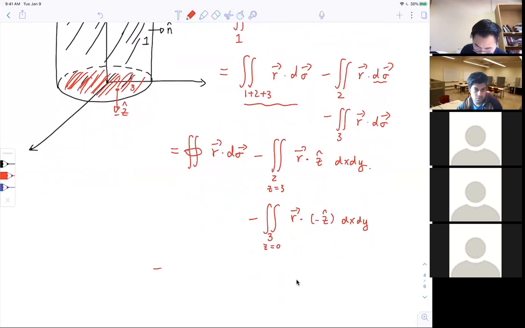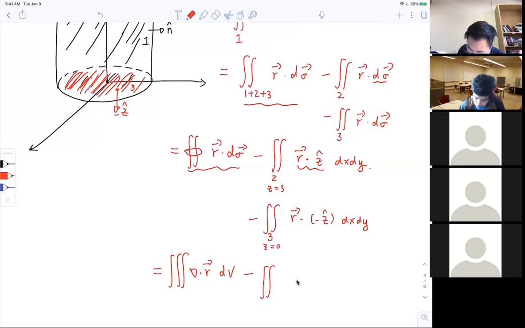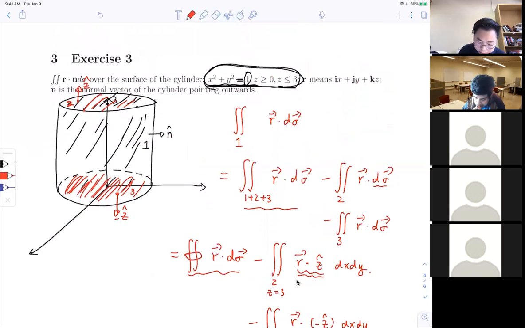You can speak out. Okay, so this one, we can safely apply the divergence theorem, which becomes a volume integral. Minus this guy becomes r dot z hat. R is x, y, z.